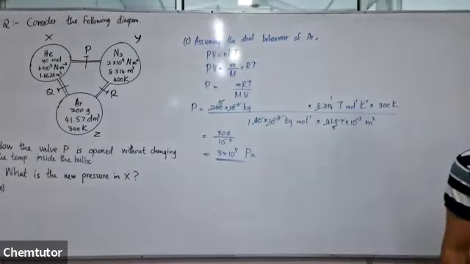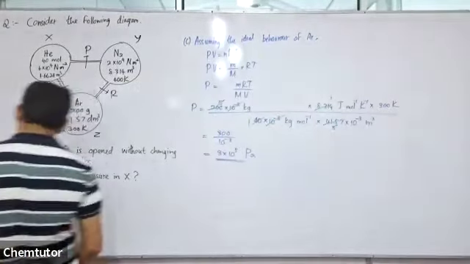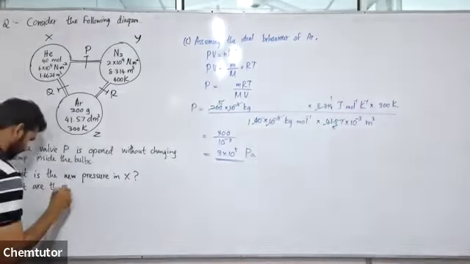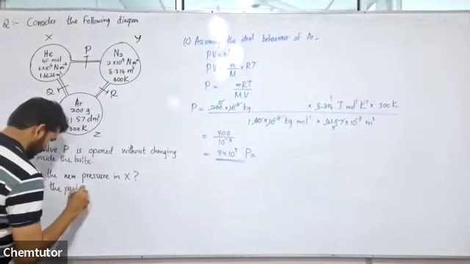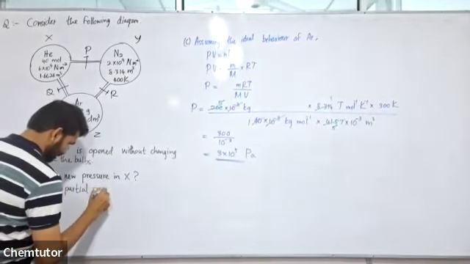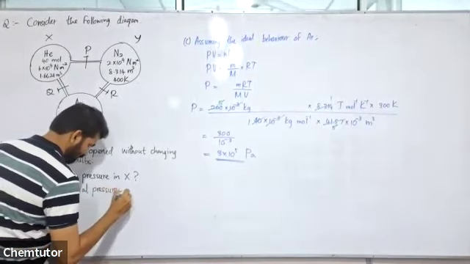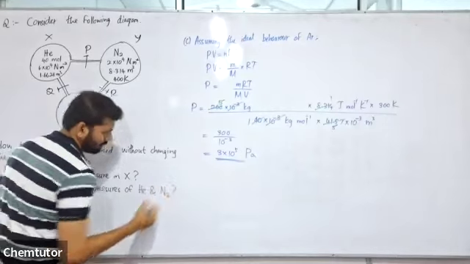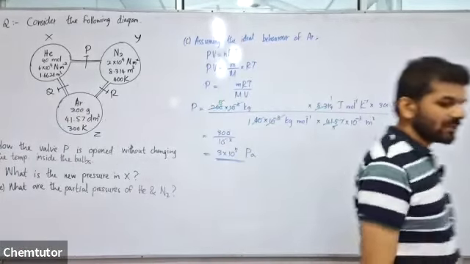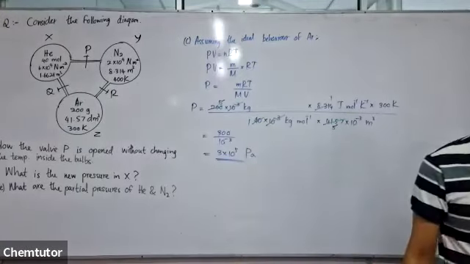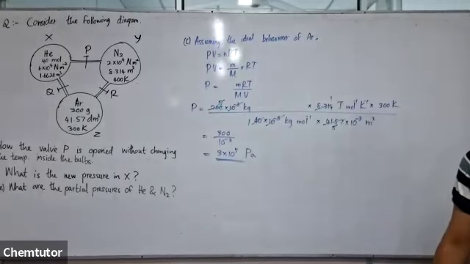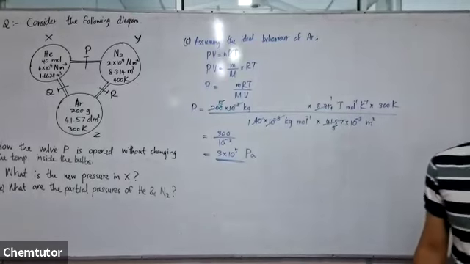What are the partial pressures of helium and nitrogen? Then the other one, in which direction does the gas diffuse once the valve is open?